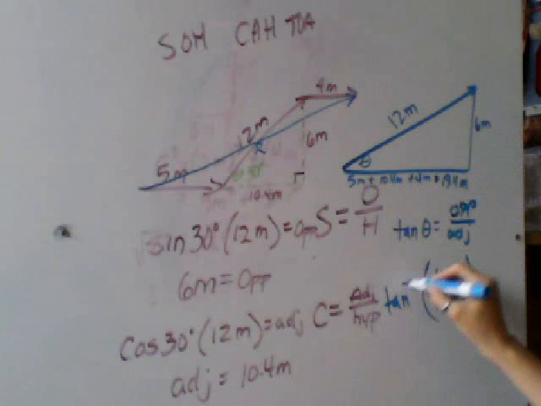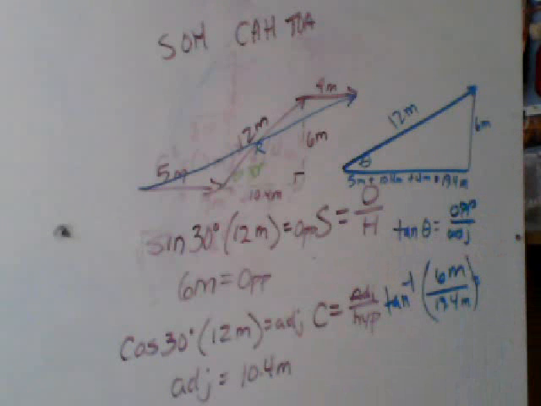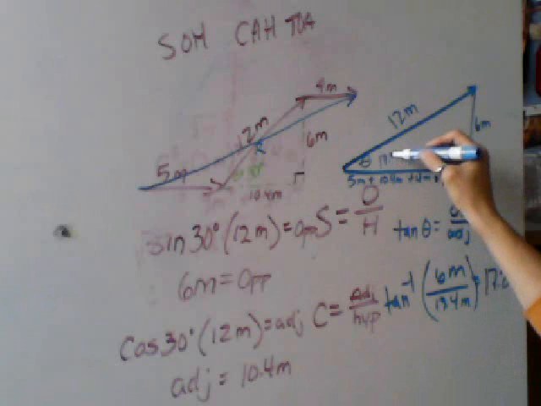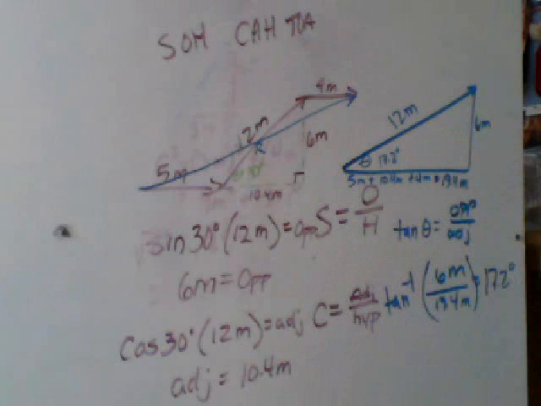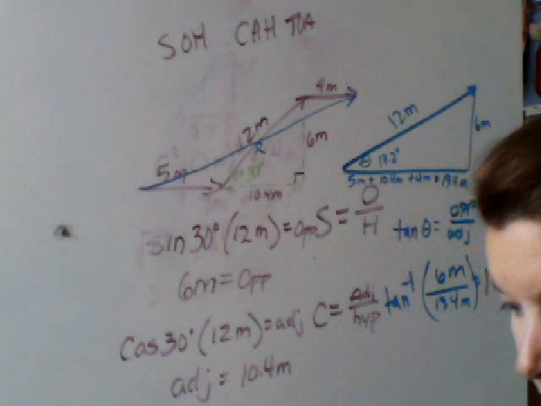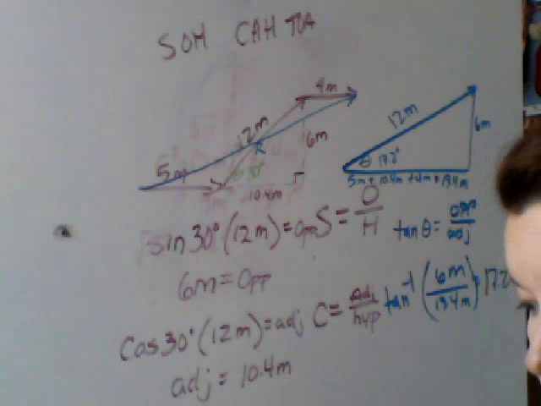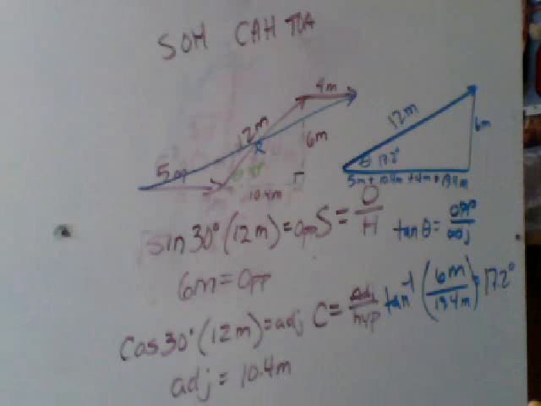So we can say tangent to the -1 because we have to undo this to get our actual angle. So tangent to the -1 of the opposite over the adjacent will give us 17.2 degrees as the angle of theta. So hopefully you can apply all this to the problems on worksheet number 4 and conquer it.